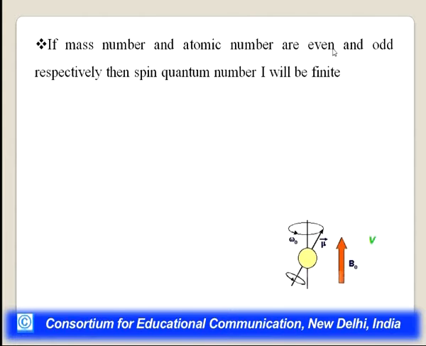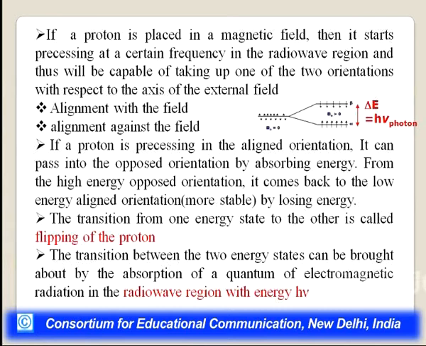Same over here. If the mass number is even and the atomic number is odd, then the spin quantum number will be finite, and these nuclei will be NMR active. These will produce the NMR spectrum. These will not be neutral towards the radio waves.